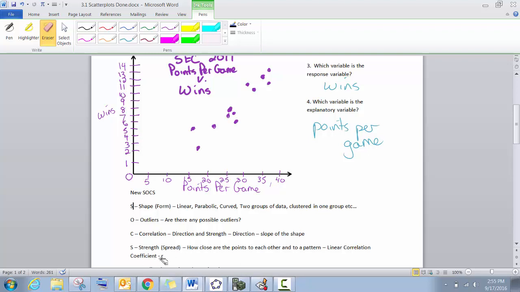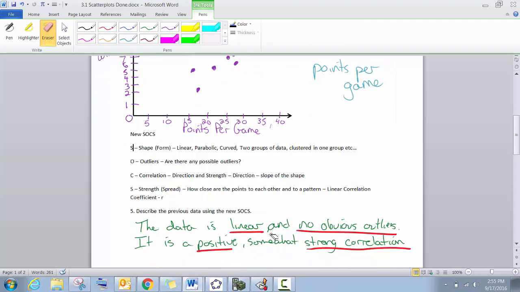It's also measured by the linear correlation coefficient. But these are relatively close together, so it's a relatively strong correlation. So what we would say, the data is linear and no obvious outliers. It is a positive, somewhat strong correlation. And we'll have a number to clarify how strong or weak a correlation is in a second.